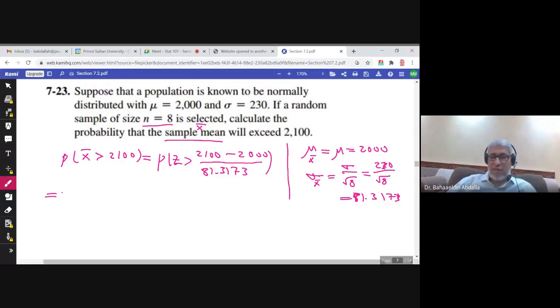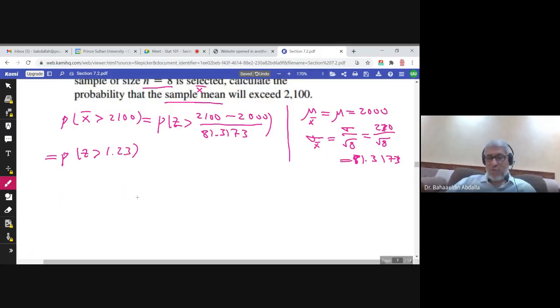Now calculate this by the calculator and approximate to 2 decimals, because the Z distribution is given in the table to 2 decimals. So Z is 1.23. Now find the probability that Z is greater than 1.23 using the table of the normal distribution.